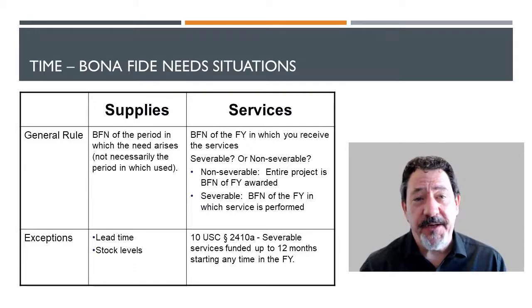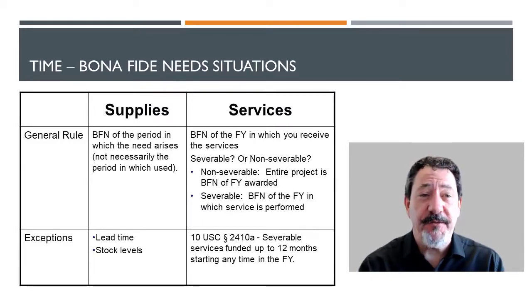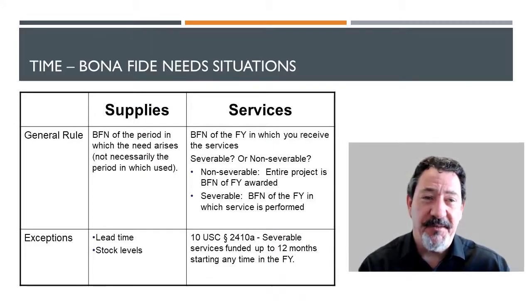So we've got a chart here that shows the general rule for supplies. We buy supplies when they are the bona fide need of the period in which the need arises that matches the appropriation we have. But we also have an exception for stock levels that we discussed. There's also another exception for lead time.